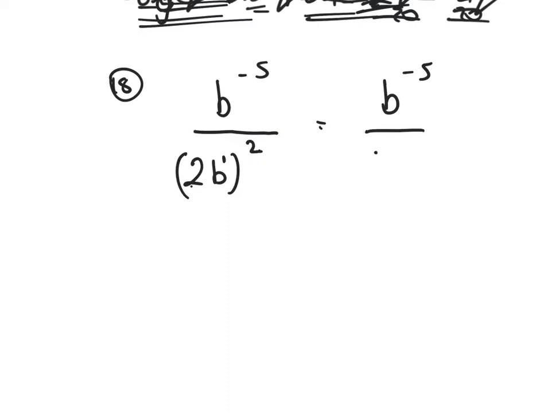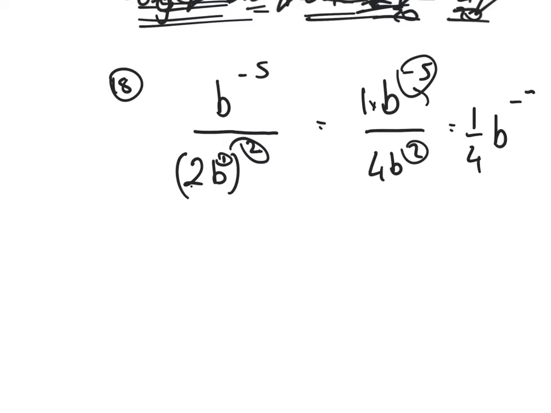So 2 squared is 4, and 1 times 2 is 2, 4b to the 2. Okay, so minus 5 minus 2. The number up there is 1, so that is 1/4. Minus 5 minus 2 is minus 7. 1/4 b to the minus 7.